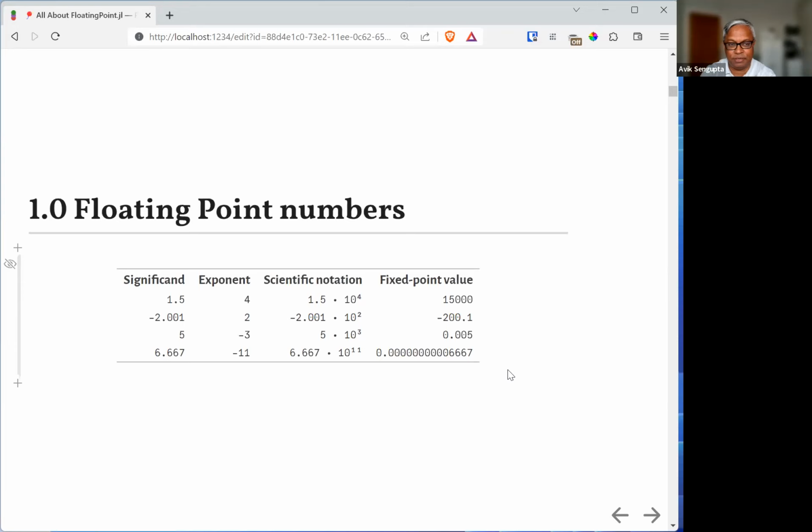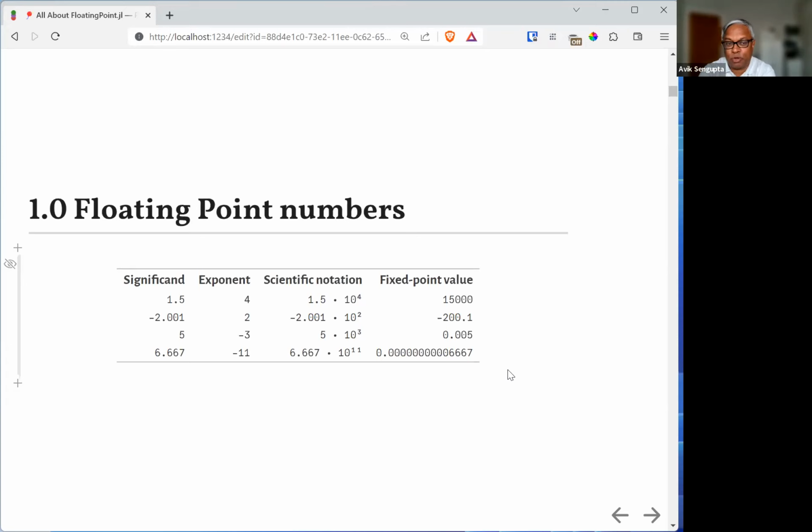So the significant, which is the bit which is not the exponent, is usually then between 1 and 10, right? Or between 0 and 10. And then everything else, how big or small the number is, is represented via the 10 to the power part of the number, right?